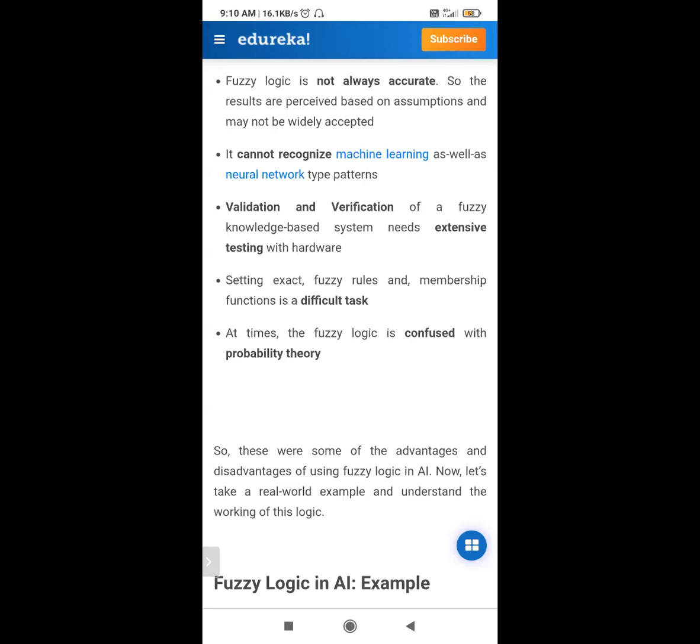Next one is validation and verification of fuzzy knowledge based system needs extensive testing with hardware. That means more testing methods are to be used for validation and verification of the fuzzy system.